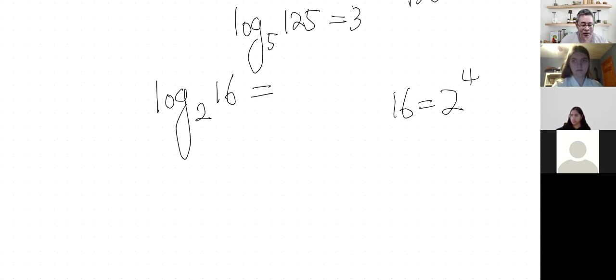Okay. So now of all the logarithms, there are 2 special ones. One is base 10, one is base e. So base 10 is this. We know this one gives us 2.